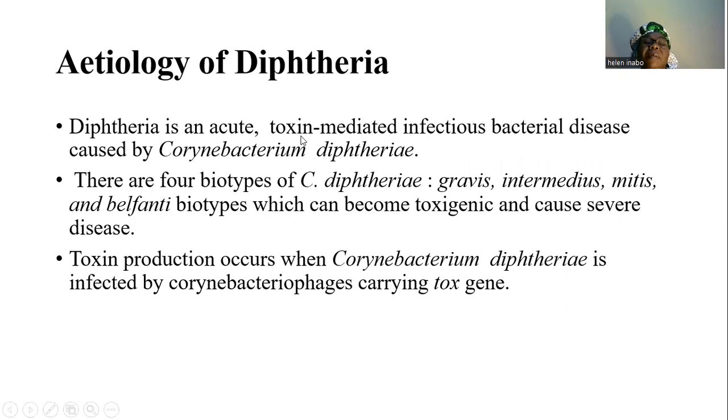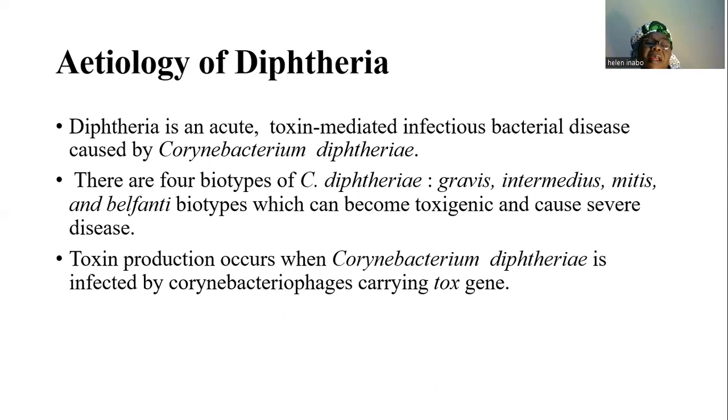What is diphtheria? Diphtheria is an acute, highly contagious, toxin-mediated infectious bacterial disease caused by Corynebacterium diphtheriae. Toxin production occurs only when Corynebacterium diphtheriae is infected with Corynebacteriophages carrying the tox gene.